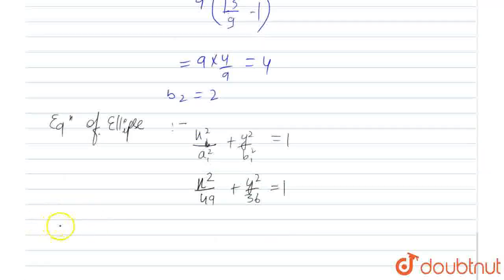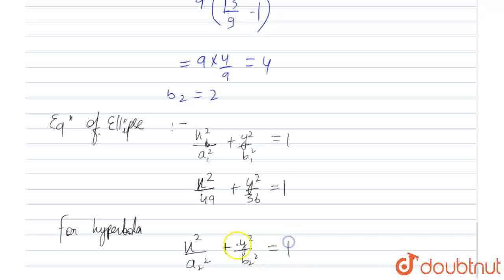And for the hyperbola, x square upon a2 square plus y square upon b2 square is equal to 1, and this one should be negative.